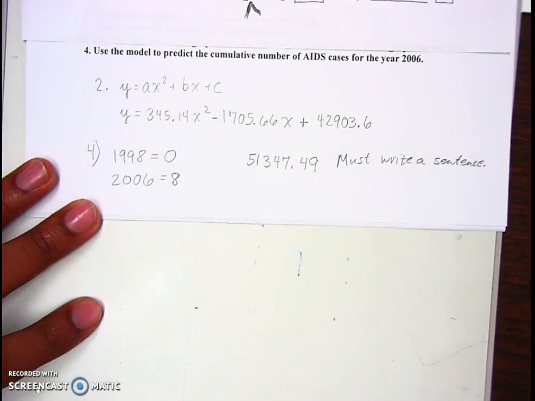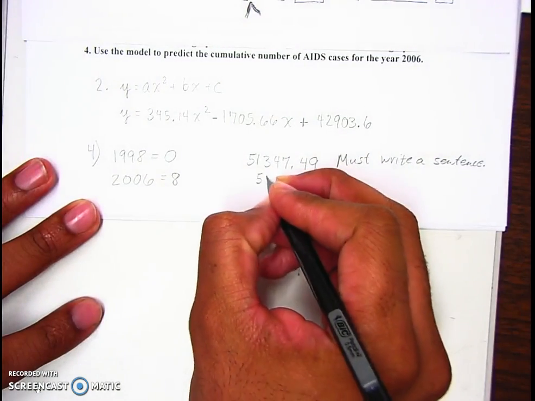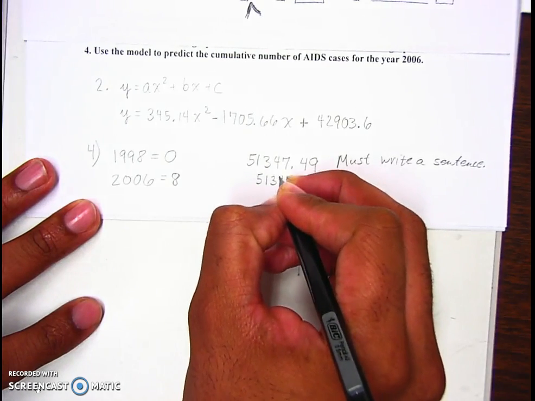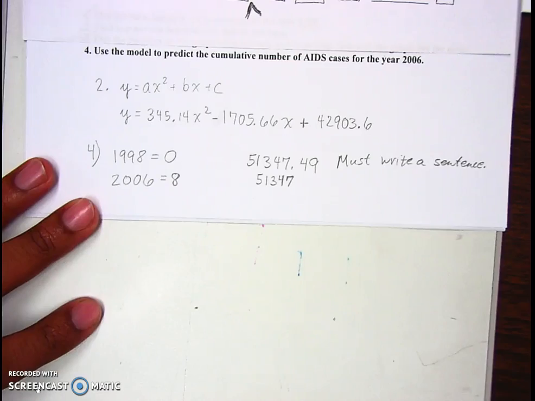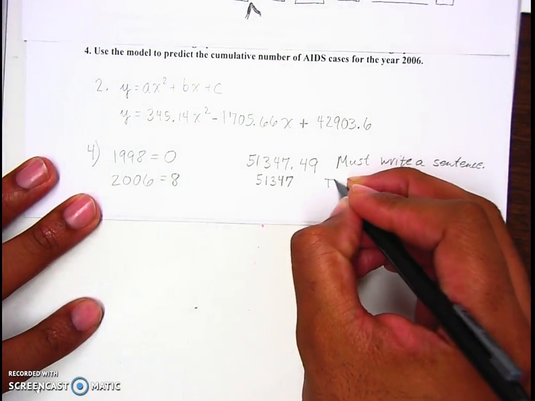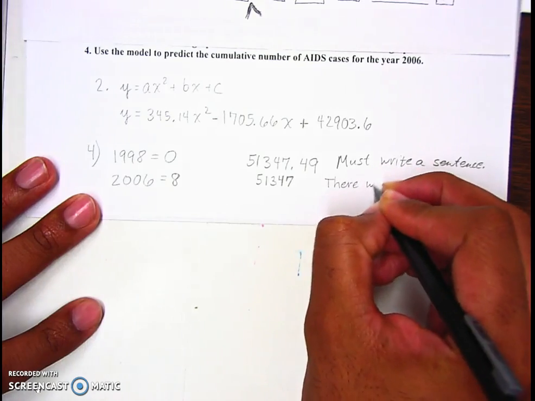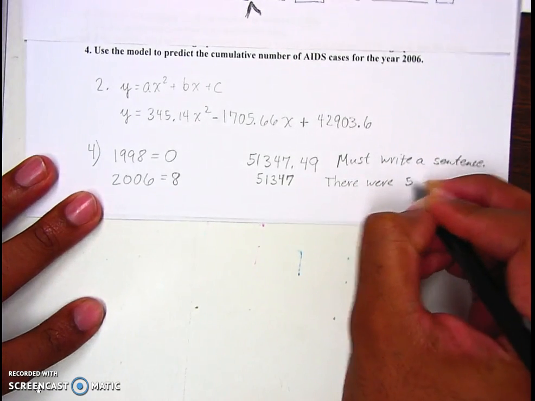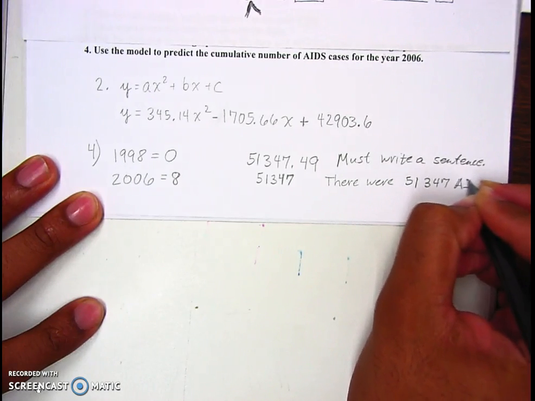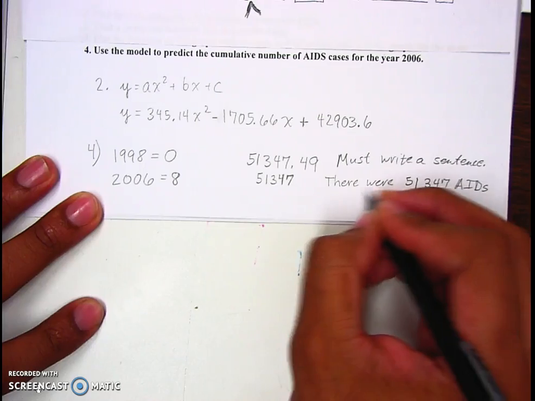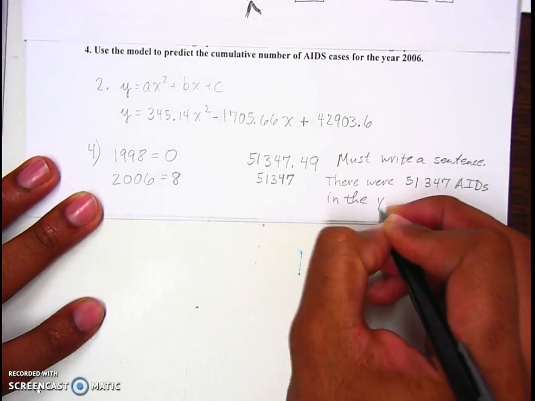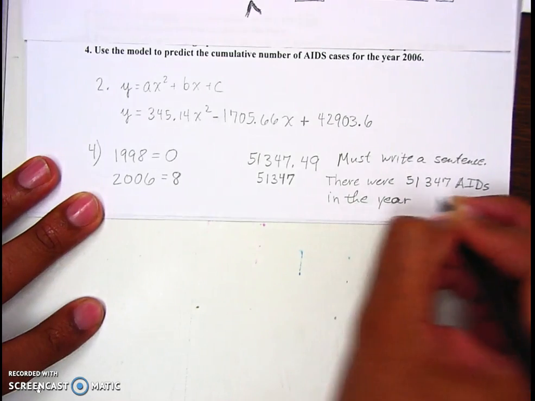So I'm going to round it down. And so here, we're going to say there were 51,347 AIDS cases in the year 2006.